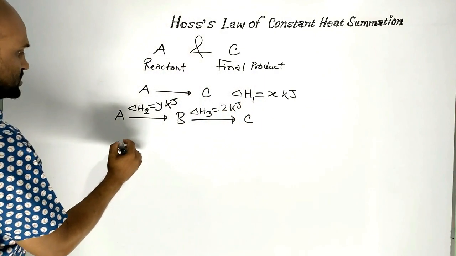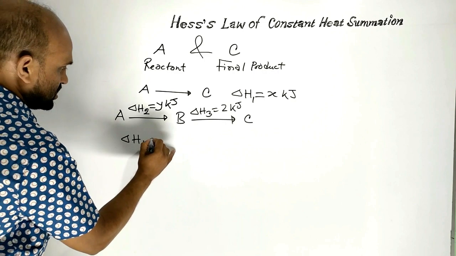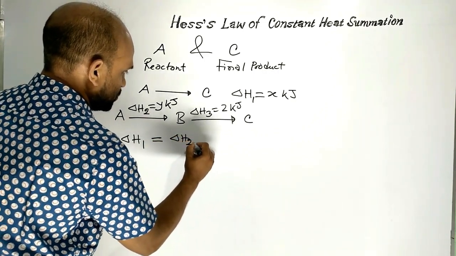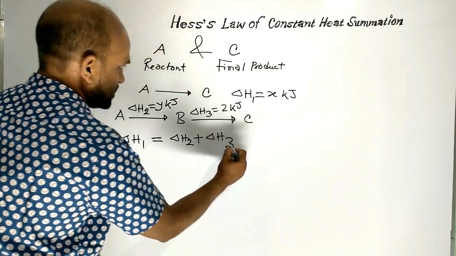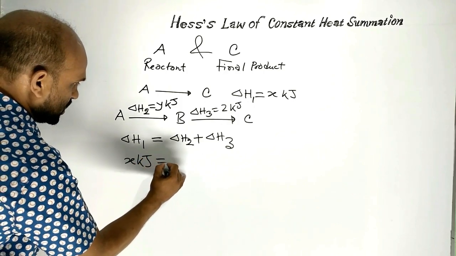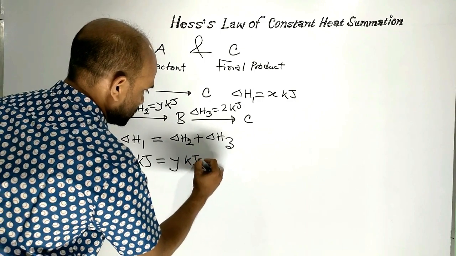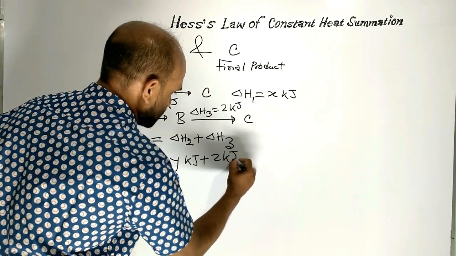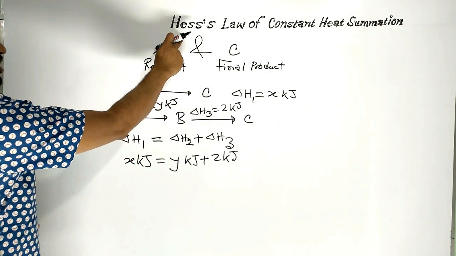This is obtained that delta H1 will be equal to delta H2 plus delta H3. That is, X kilojoule will be equal to the sum of Y kilojoule and Z kilojoule, which is actually Hess's law.